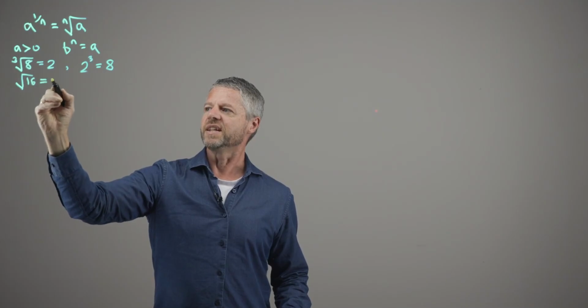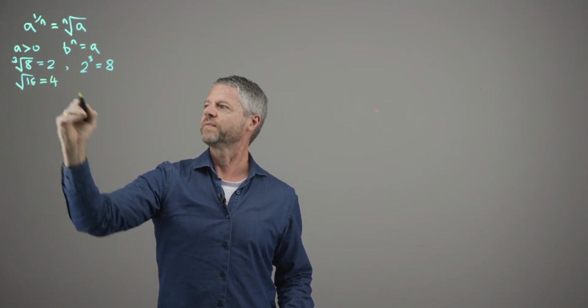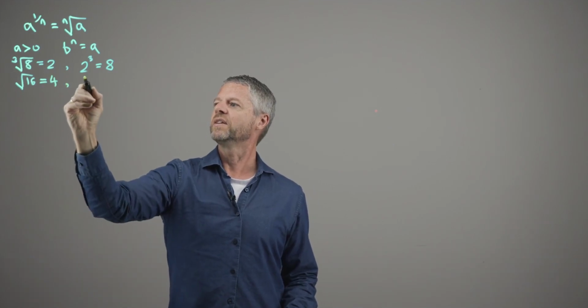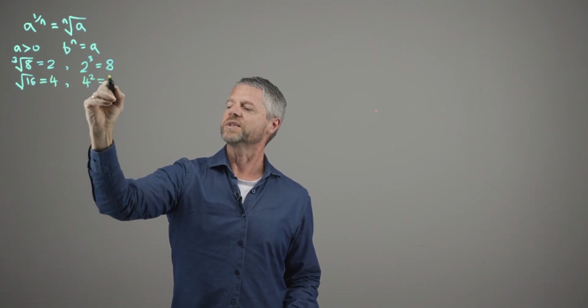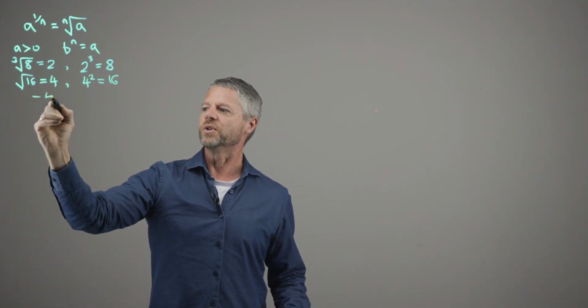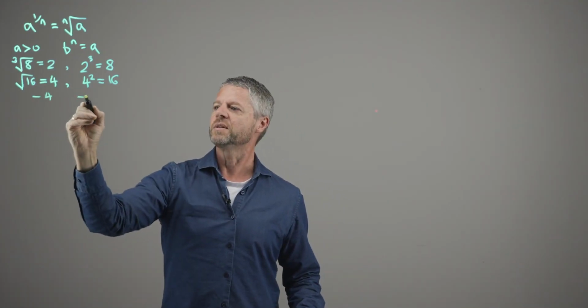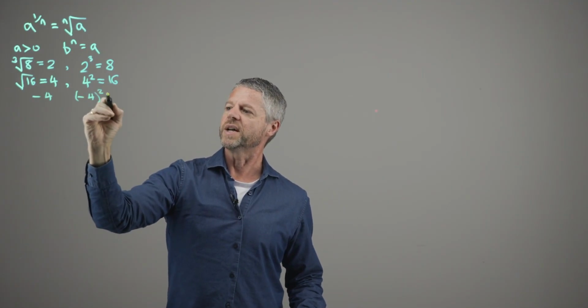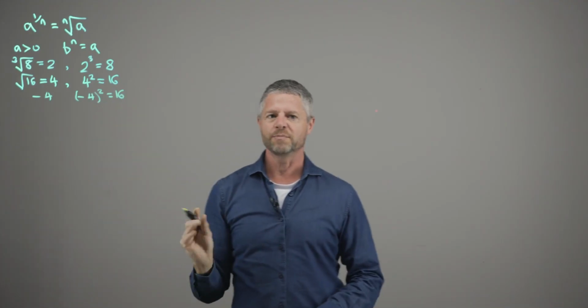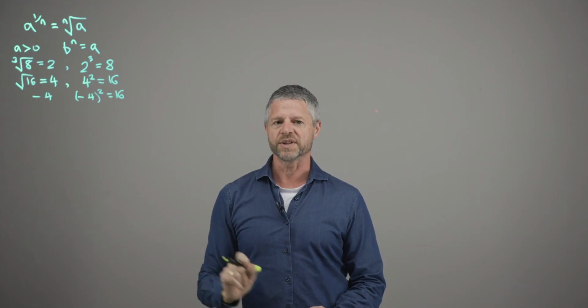The square root of 16, the principal square root of 16 is 4, because 4 squared equals 16. Now we also know that minus 4 is a square root of 16, because minus 4 squared is 16. But minus 4 is not the principal square root. Plus 4 is the principal square root.